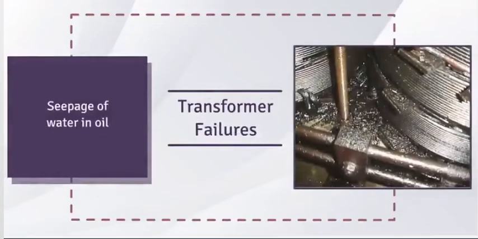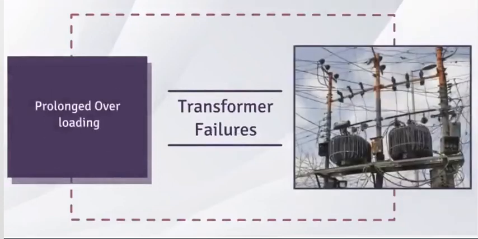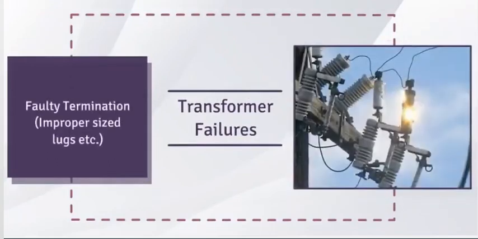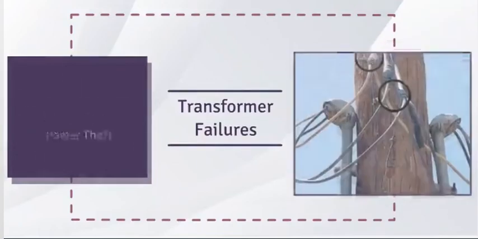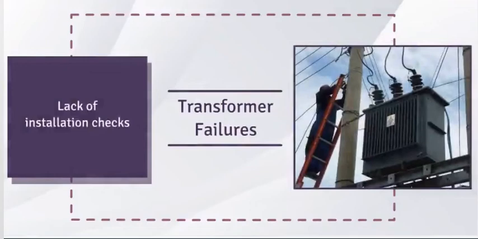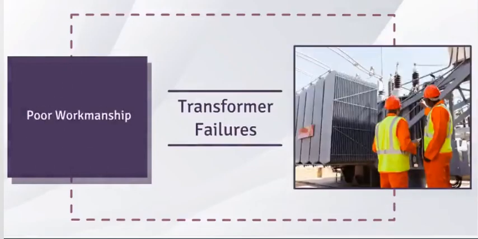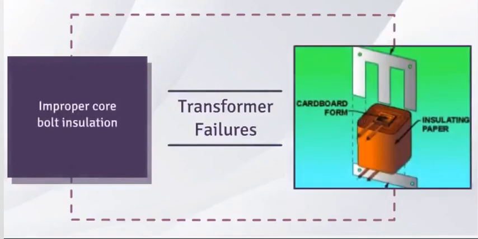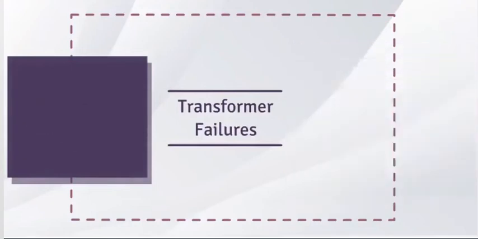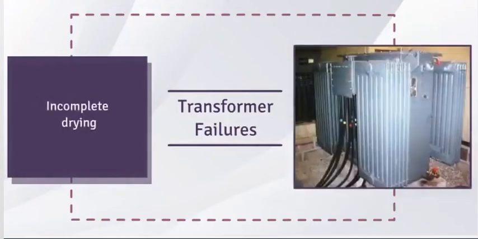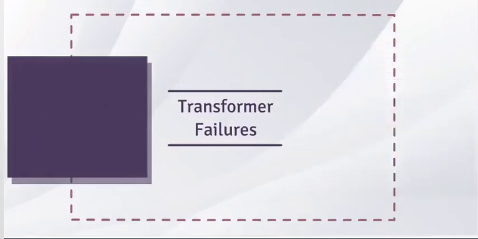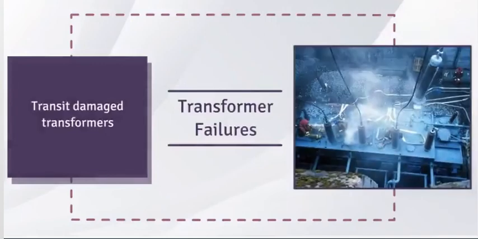Insufficient oil level, seepage of water in oil, prolonged overloading, single-phase loading, unbalanced loading, faulty termination, improper sized lugs, etc. Power theft, prolonged short circuit, faulty operation of tap changer switch, lack of installation checks, faulty design, poor workmanship, improper formation of core, improper core bolt insulation, burr to the lamination blades, improper brazing of joints, burr or sharp edges to the winding conductor, incomplete drying, bad insulation covering, insufficient cooling ducts in the winding, bad quality of raw material, transit damaged transformers.